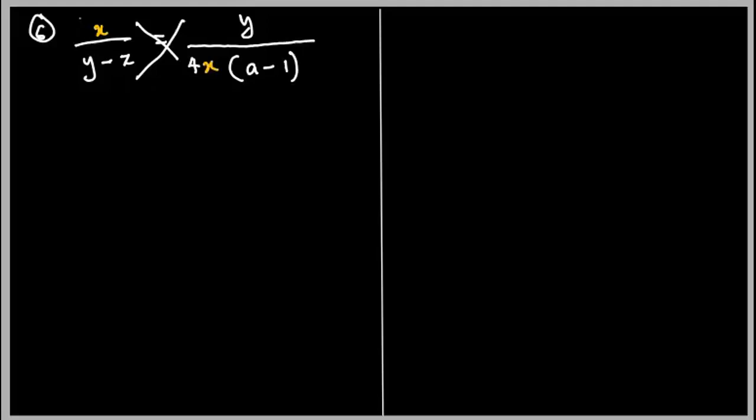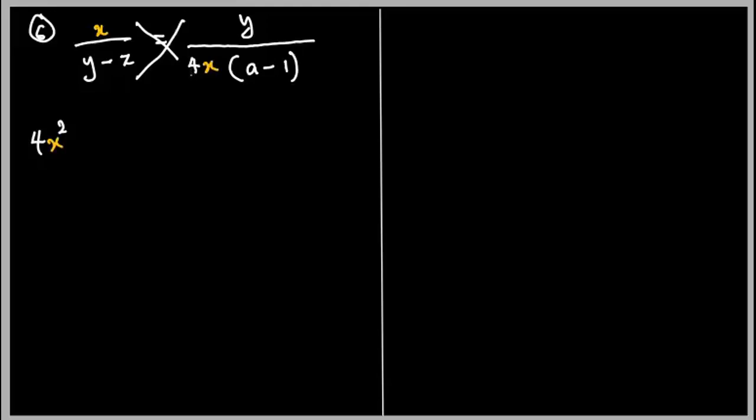Now, I have x. If x multiplies 4x, then in the bracket here, x times 4x is 4x squared, because x times x is x squared, and it's going to multiply by 4.